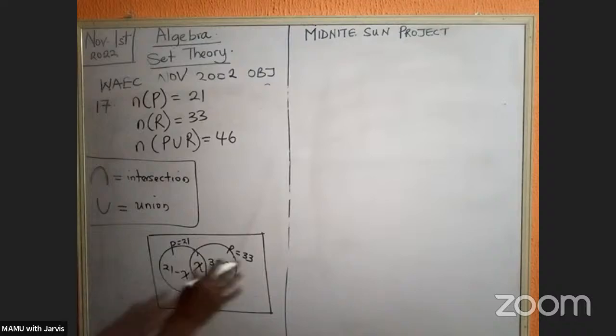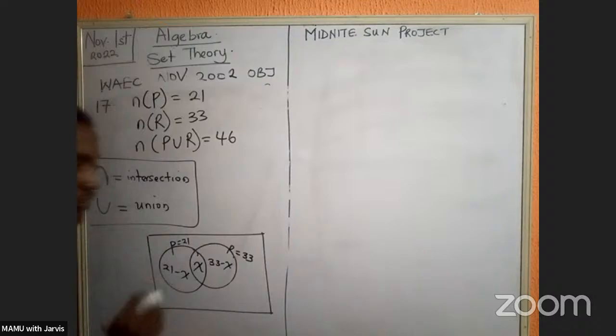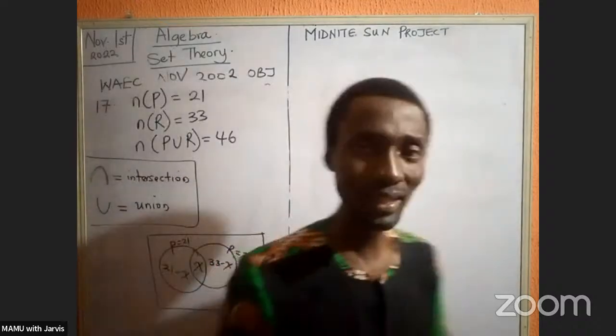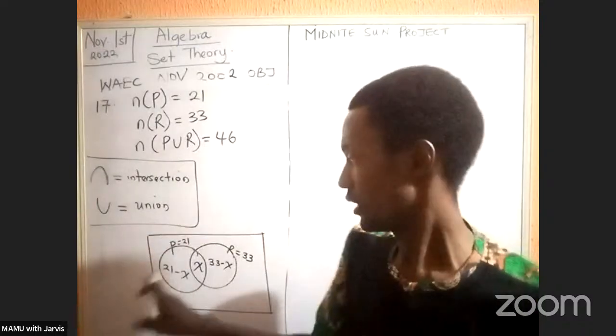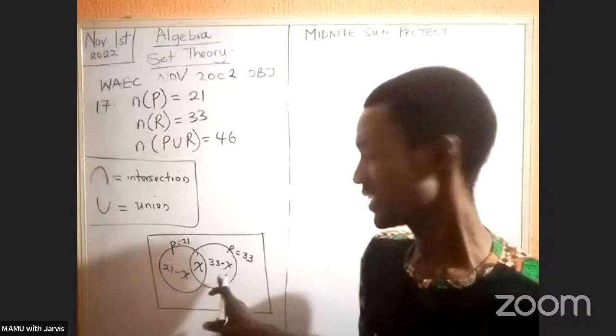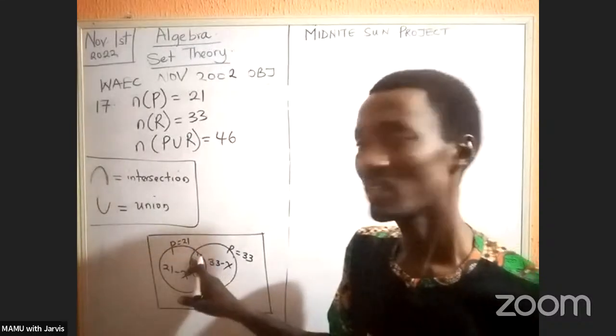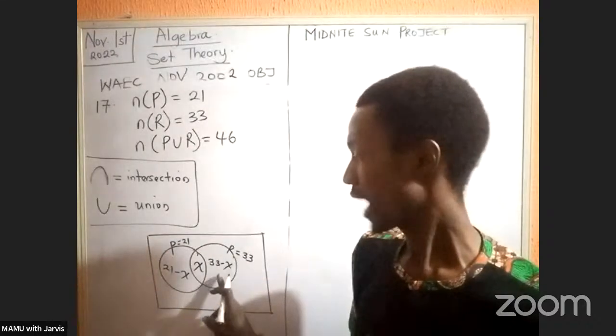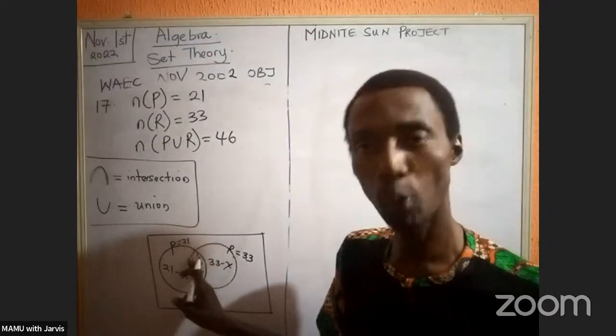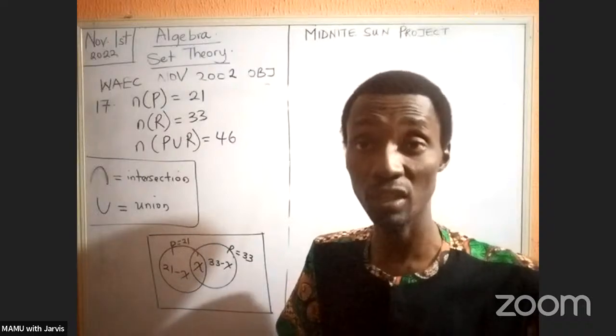Now, if this is understood, we are told that the union of this is 46. Now, technically in solving set problems, we have P alone, R alone, and both. Both will mean the intersection of the two sets.